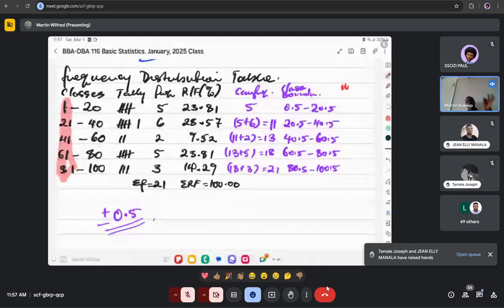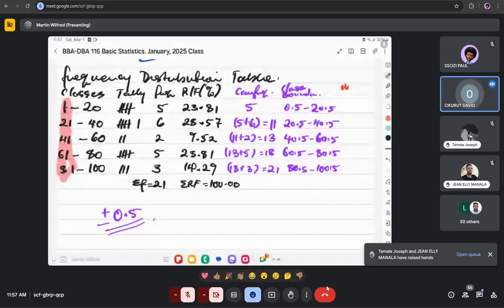In other words, we are saying 1 minus 0.5. What do you get? I think, sir, she was asking how you came up with the 0.5. Maybe that was her question.